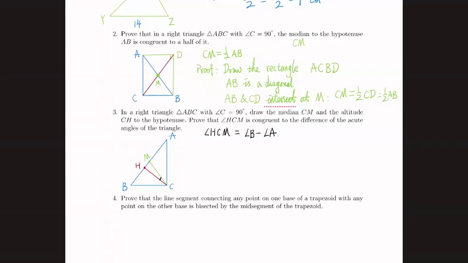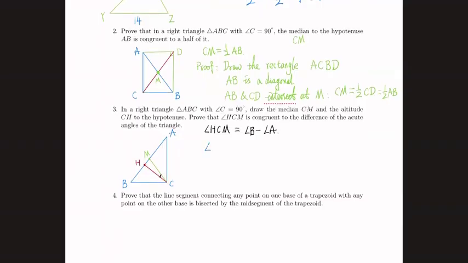Because the angle BCA is equal to 90. So BCH, HCM and MCA have to add up to 90. Yes. Let me write it down step by step.